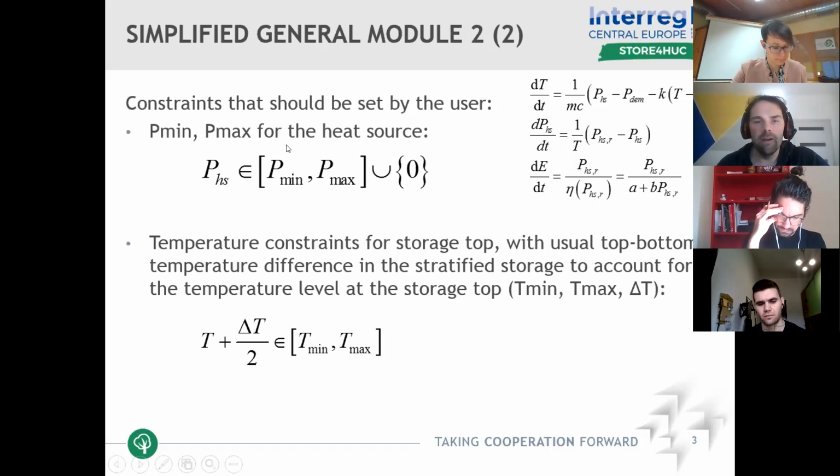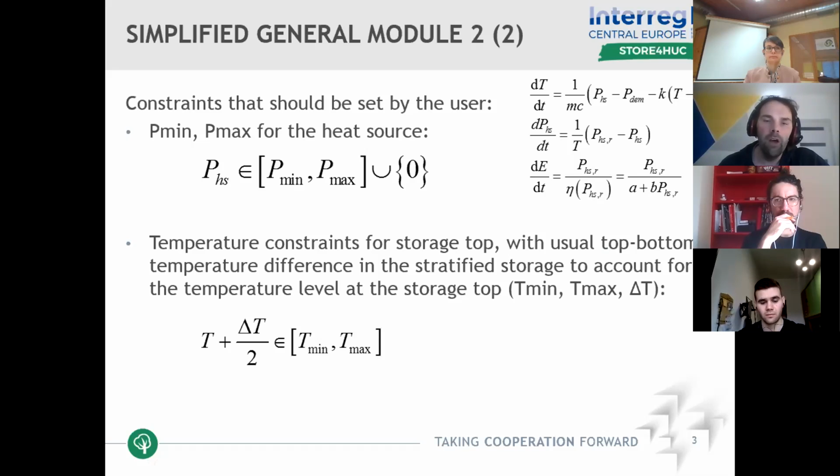I promise not to burden you with too much mathematics, but this kind of constraint, which is like a disconnected domain for the power, makes a lot of problems in optimization and in computation. We deal with it, but it makes the optimizations harder.